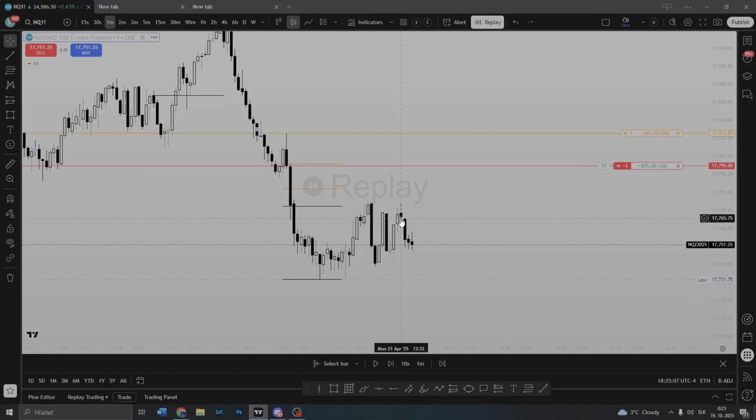Okay, so this looks like we are yet again in another range right here. Once we escape this range, price should get much cleaner.